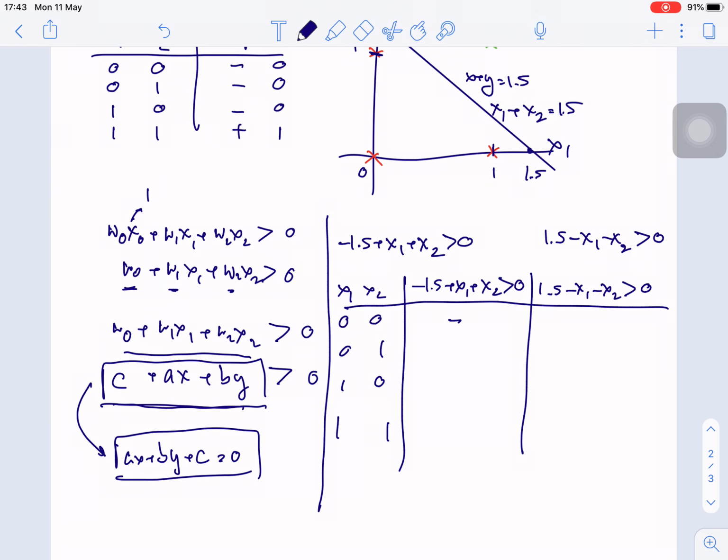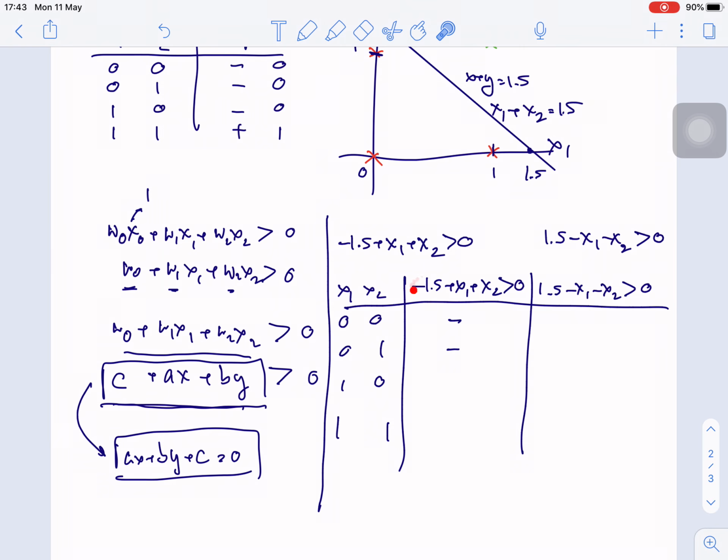How about the second one? x1 is 0 and x2 is 1. So the left side is minus 1.5 plus 1, right? So it must be 1 minus 0.5... minus 0.5 greater than 0. That is false. For the next one, x1 is 1, x2 is 0. So it becomes minus 1.5 plus 1 plus 0.